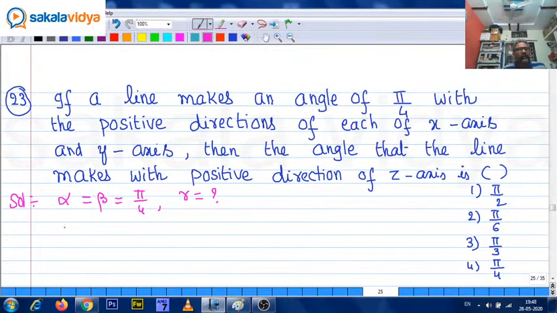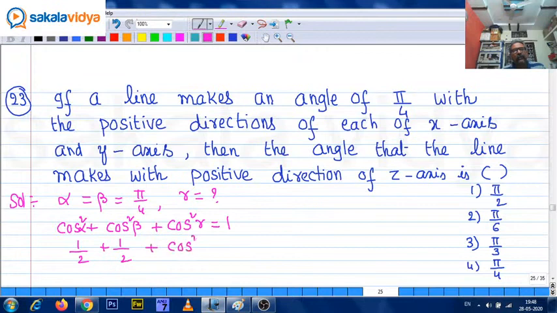So we know that cos square alpha plus cos square beta plus cos square gamma equals to 1. Let us substitute. The cos 45 is 1 by root 2, 1 by root 2 square, 1 by 2 plus 1 by 2 plus cos square gamma equals to 1. See, 1 by 2 plus 1 by 2 is 1.